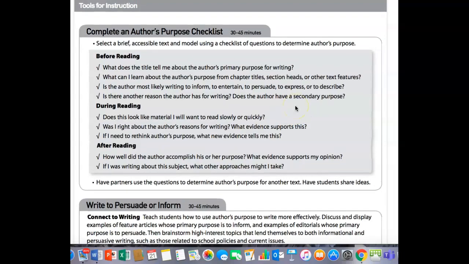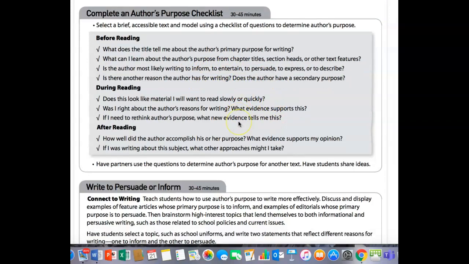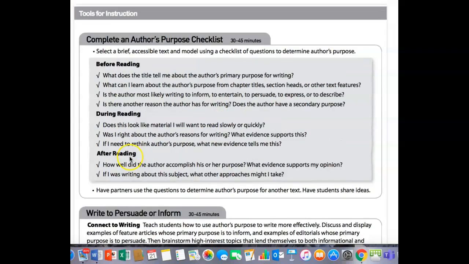Maybe, along with trying to tell you or persuade you, they're also entertaining you. Then, during your reading time, does this look like material I want to read slowly or quickly? If it's difficult, say a science text, you may want to read that slowly.